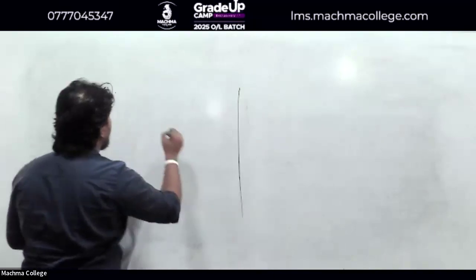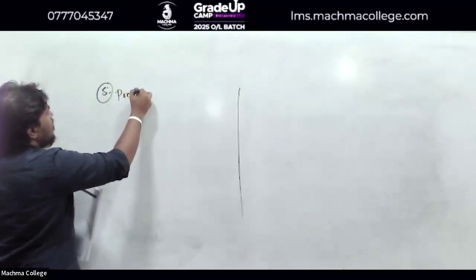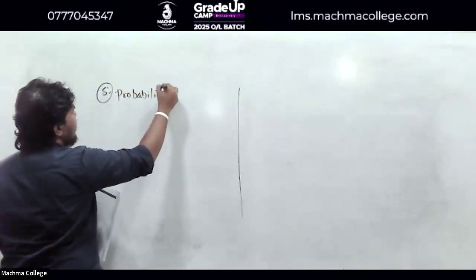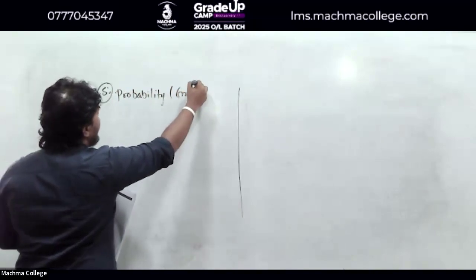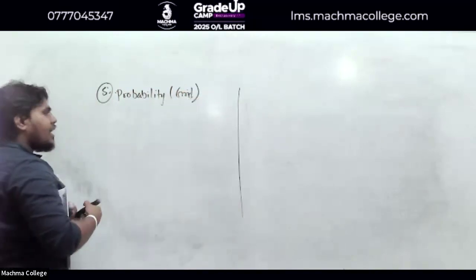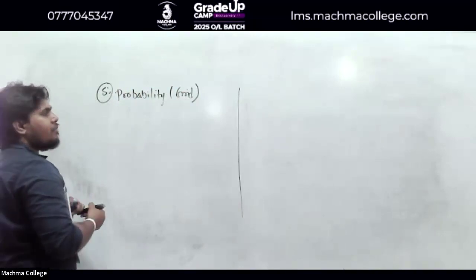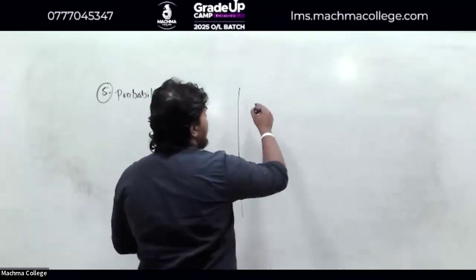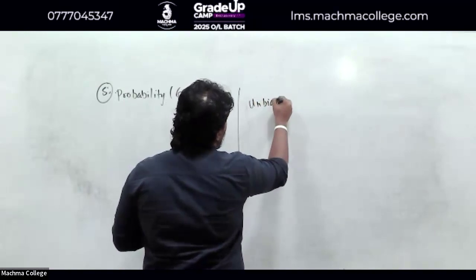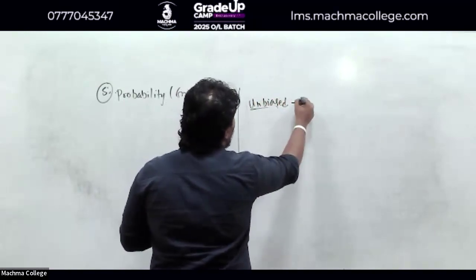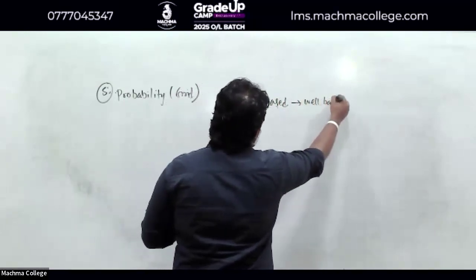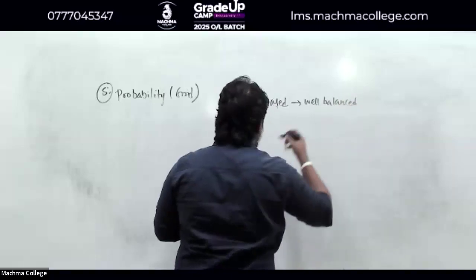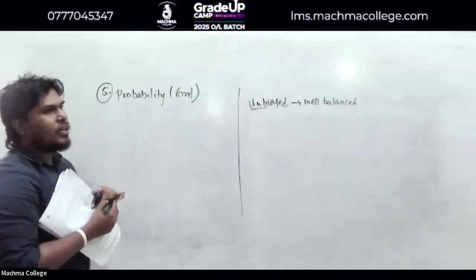This one is from probability, the lesson is probability and the category is grid diagrams. Unbiased means well balanced, not biased to any side, there is no partiality to any side.